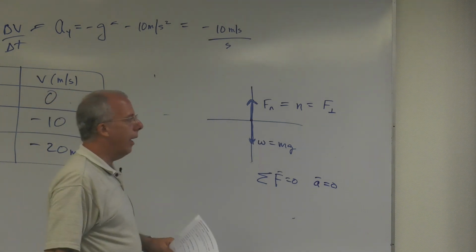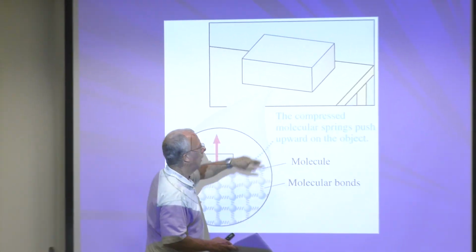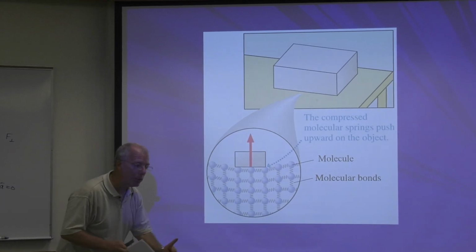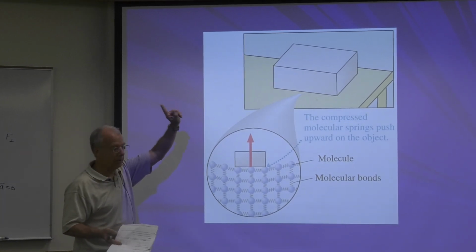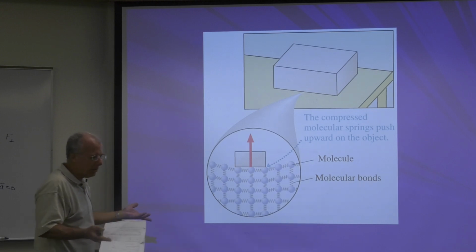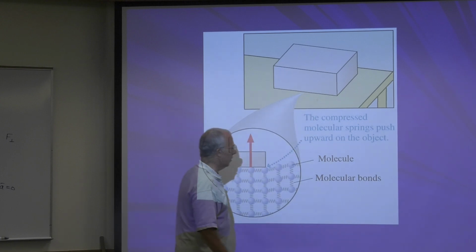Here's a nice picture. You have a box on a table. The Earth is pulling down on the box, and the table is pushing up on the box, because the box is the object. Now, what is this normal force, really? Well, what does the table consist of?